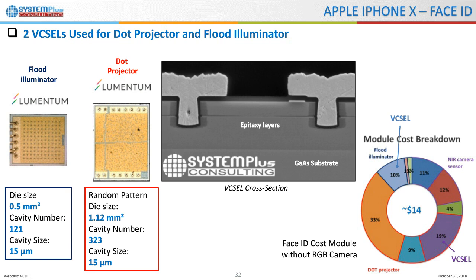So it's really interesting also to have a look at the process level. You have an example of a cross-section here of the VCSEL from Lumentum, showing the epitaxial layer, the substrate, and also the cavity.